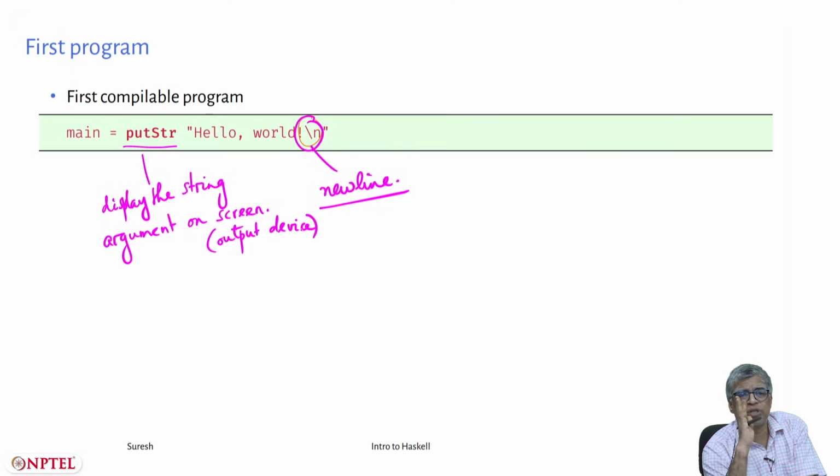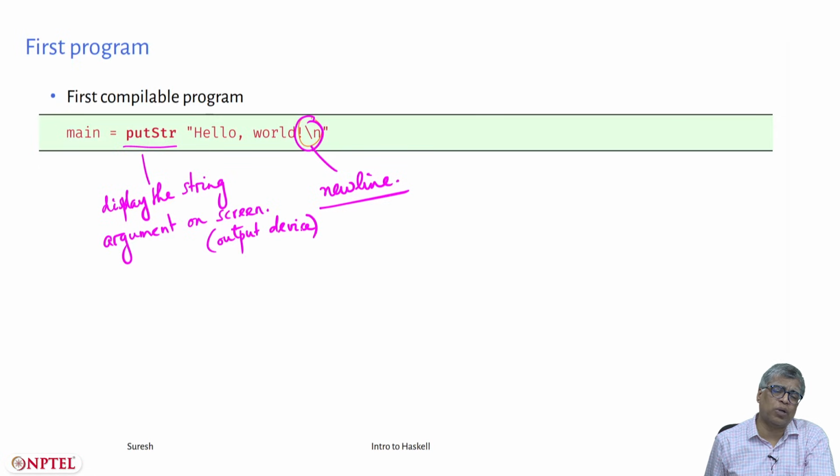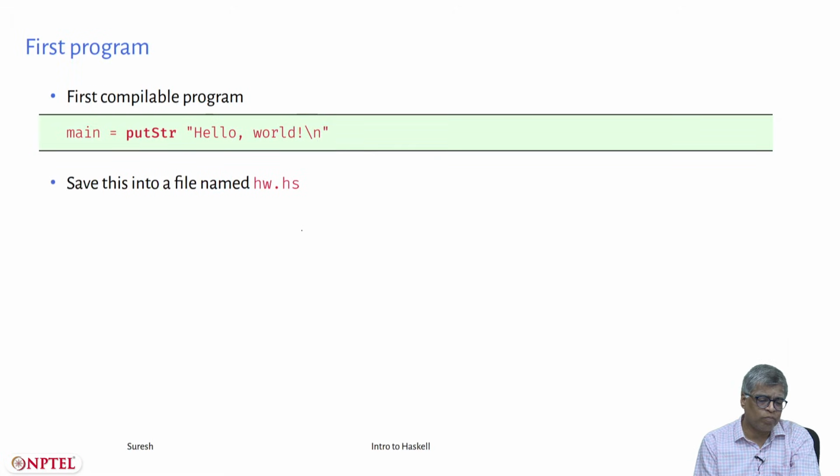So this is our first compilable Haskell program, and rather than just talk about it, we should actually try to write this program, compile it and see how it runs. But before I do that, we will quickly look at how you compile and execute such a program. You save this into a file named, in our case, hw.hs.